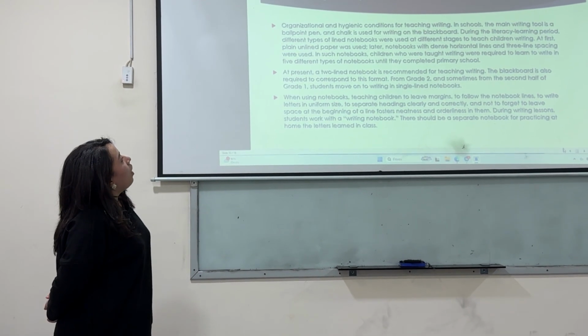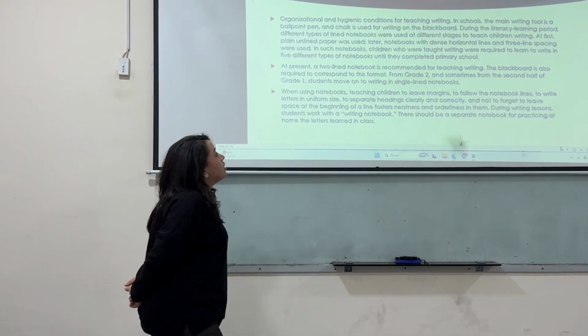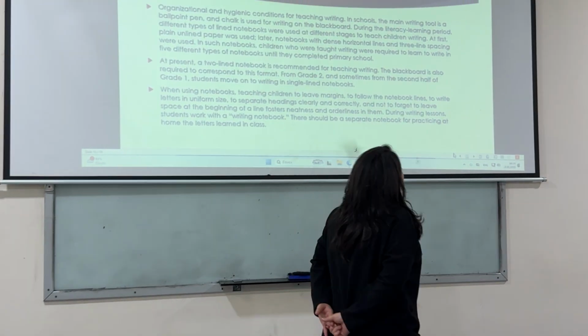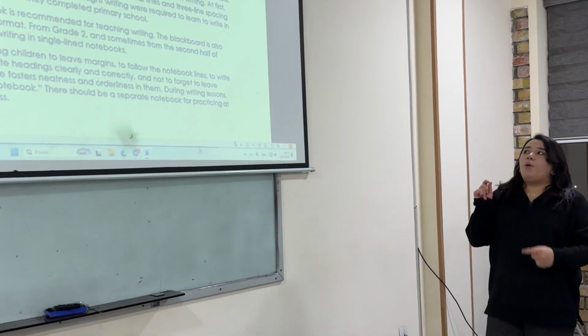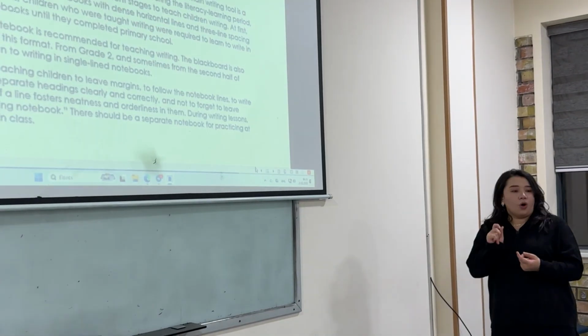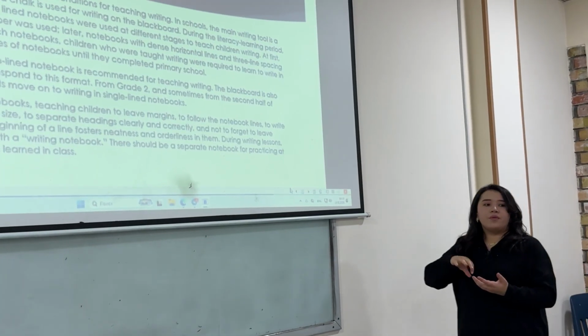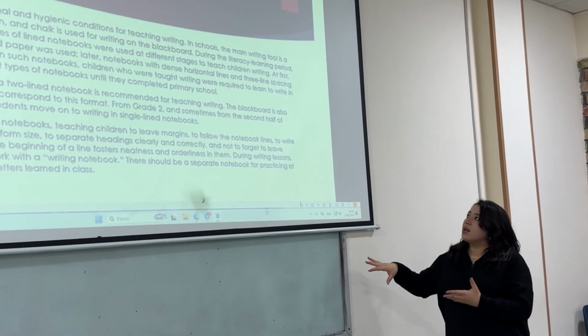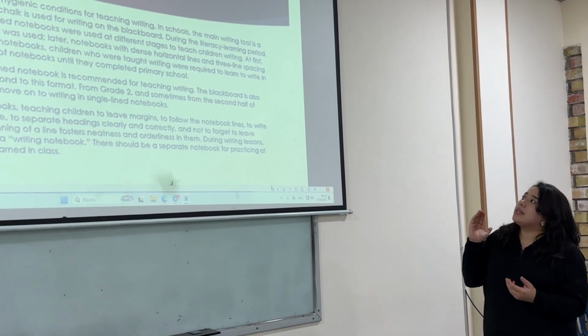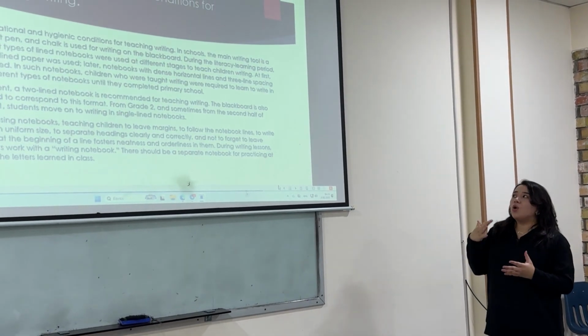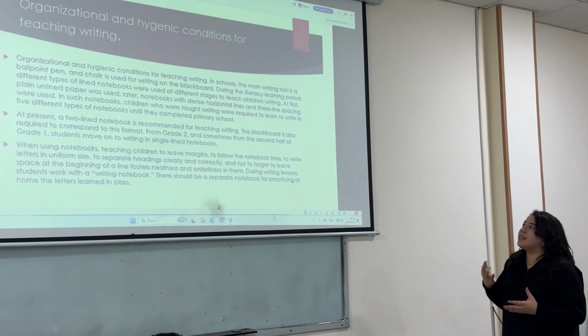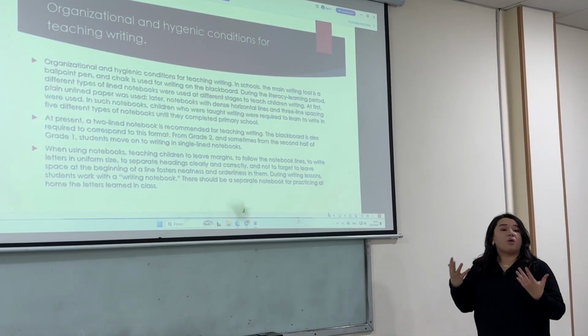Now, organizational and hygienic conditions for teaching writing. In schools, the main writing tools are a ballpoint pen and chalk. We use chalk when we write on the board. And in the literacy learning period, different types of lined notebooks were used at different stages to teach children writing.